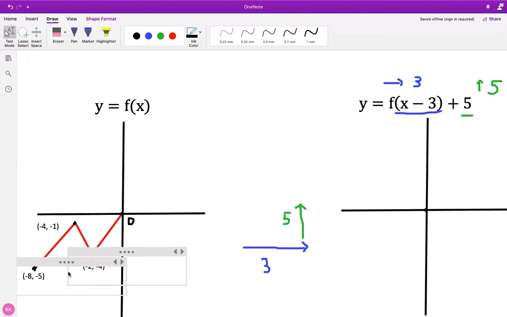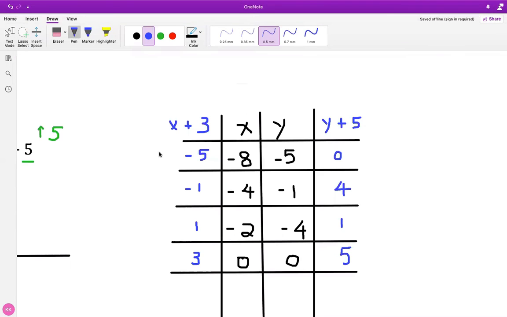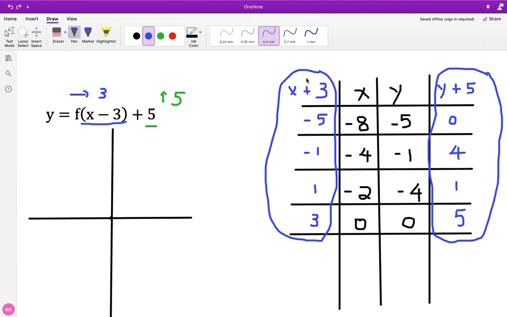So I add 3 to every x coordinate, and the y coordinate remains unchanged, so I don't do anything with it. Adding 3, I get negative 5, negative 1, 1, and 3 respectively. The left-most and right-most columns are the points for this function.